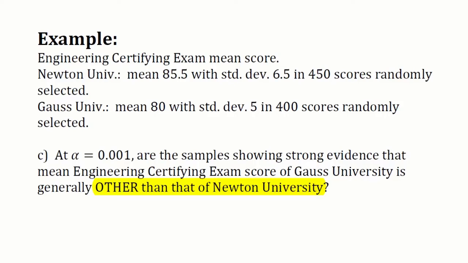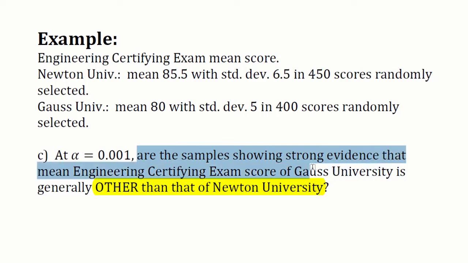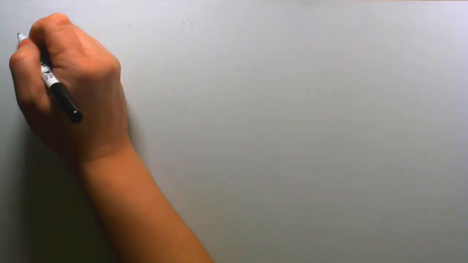And so now back to the actual question itself. I just once again want to point out that the question here itself is bringing up for us a testing of a hypothesis problem. Are the samples showing strong evidence that, etc. And so now realizing that we have a testing of a hypothesis problem, the first thing is to identify our hypotheses.